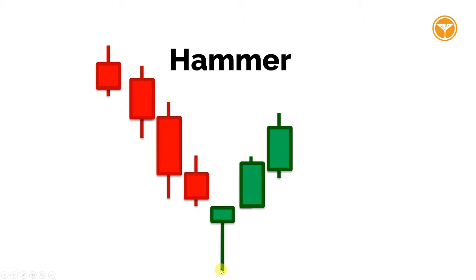Then at some point, the sellers have stopped having control of the candle, and the buyers have come in and pushed price all the way back up, and price has ended at a higher point. You can see how the body of the candle is usually quite small in relation to the wick, or the long area where price has been rejected from. So we'll just highlight that.